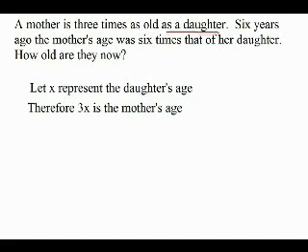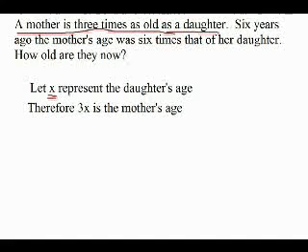Now once again here, we're given 2 pieces of information. The first piece of information we used to come up with our let and therefore statement. So we're going to use the next piece of information to come up with our equation. Now the first thing we'll notice here is we're talking about their age 6 years ago. So the first thing we have to do is rewrite these expressions so that they represent their age 6 years ago. X is the daughter's age right now.